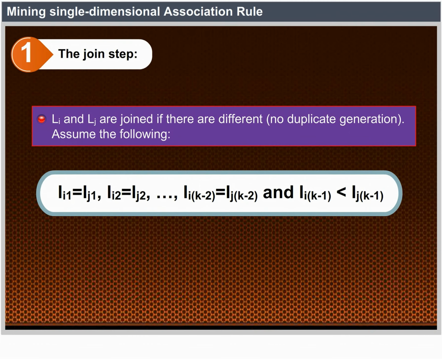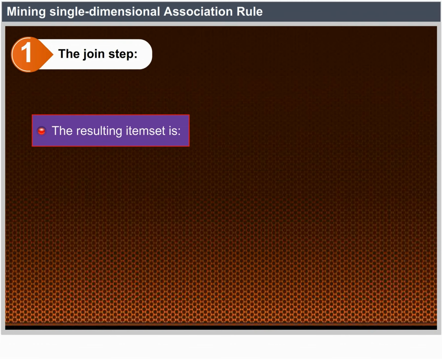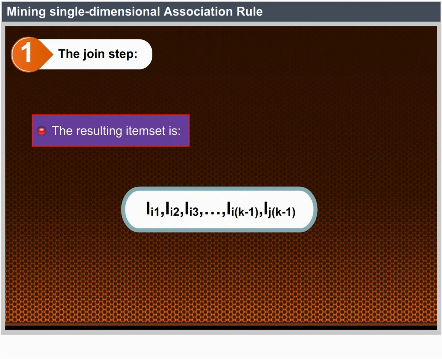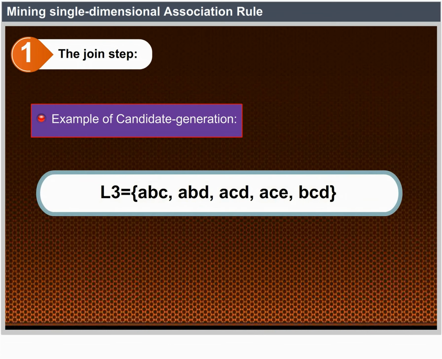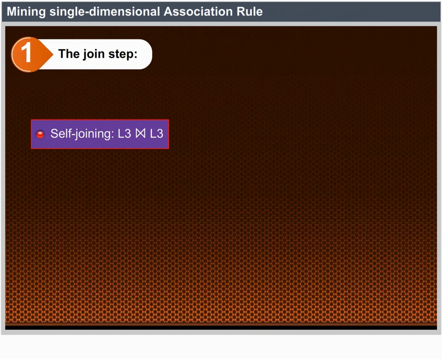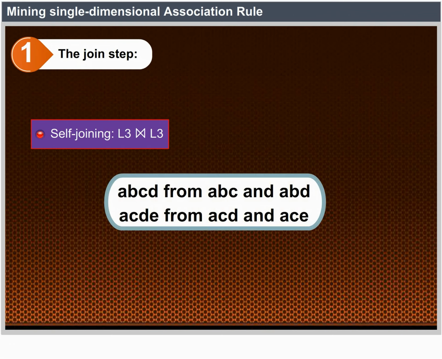The resulting item set is li1, li2, li3 going up to li(k-1), lj(k-1). Example of candidate generation. L3: ABC, ABD, ACD, ACE, BCD. Self-joining, L3 joins L3. ABCD from ABC and ABD, ACDE from ACD and ACE.